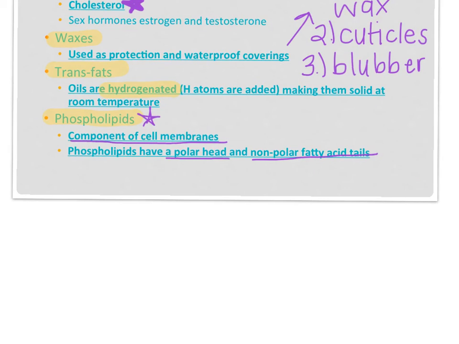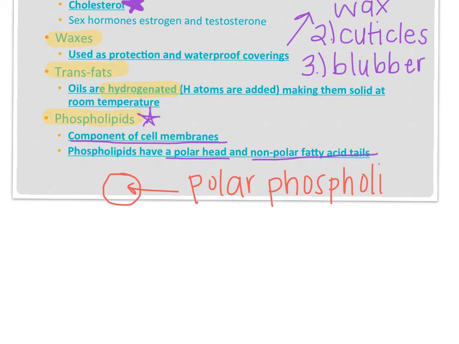Alright, so last time, find one more open space on your foldable, and this time we're going to draw a picture. A phospholipid, as we just stated, has what we call a polar head, so we're going to start by drawing a circle. Okay, this is called our polar phospholipid head.